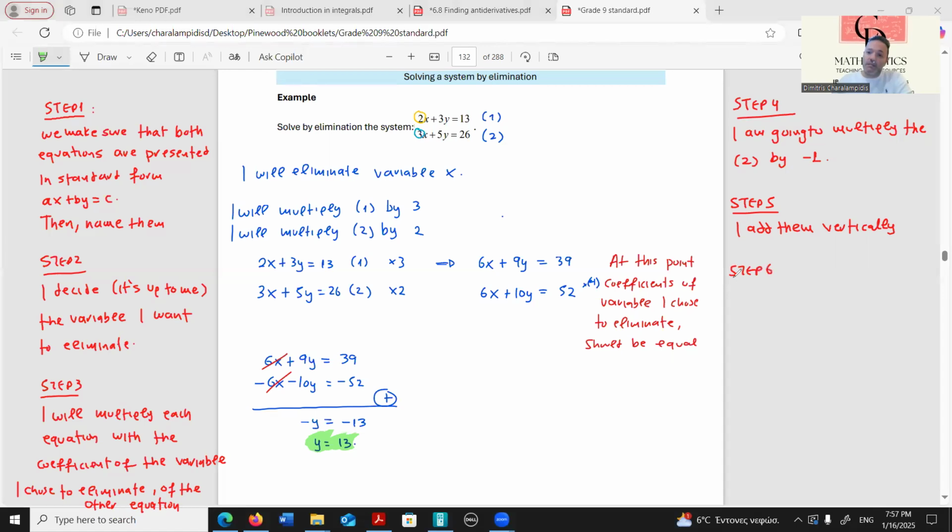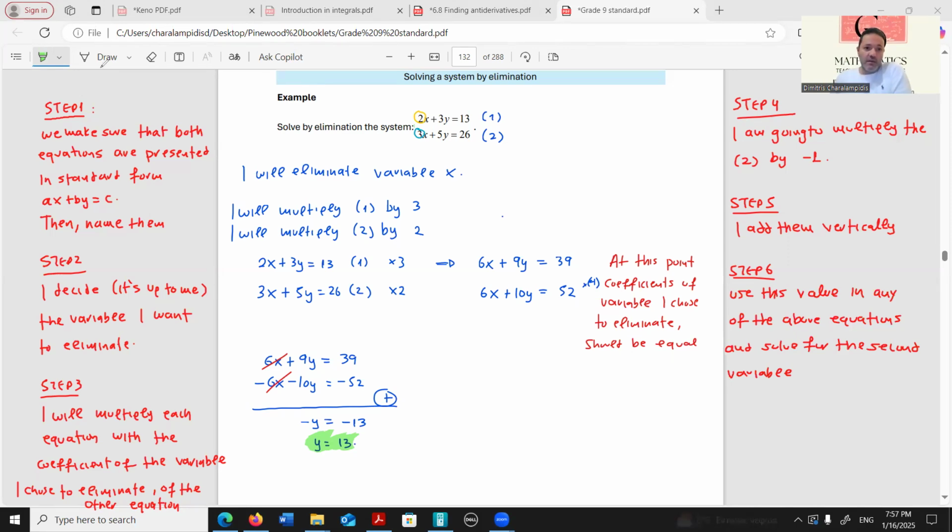Step 6, use this value in any of the above equations and solve for the second variable. So this means that I should consider y equals 13, and I should substitute this value either in the first one, or in the second one, or in any of the following equivalent equation forms.